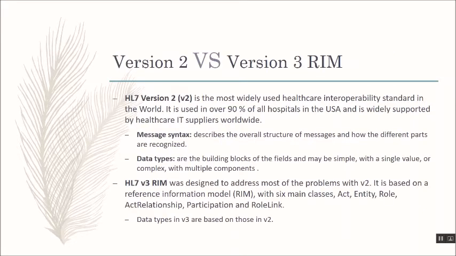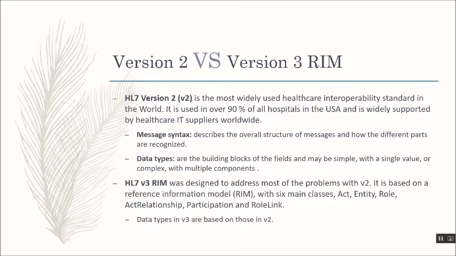Of all these versions, HL7 version 2 is the most widely used healthcare interchange format. Messages are sent in response to trigger events. It is used in over 90% of all hospitals in the USA and is widely supported by healthcare IT suppliers worldwide. There are two very important parts of HL7 version 2. One is the message syntax.